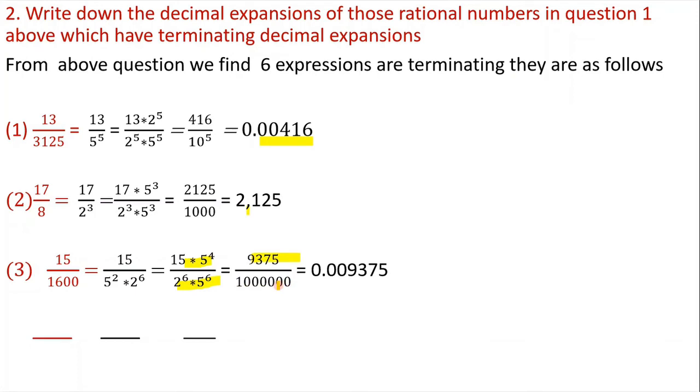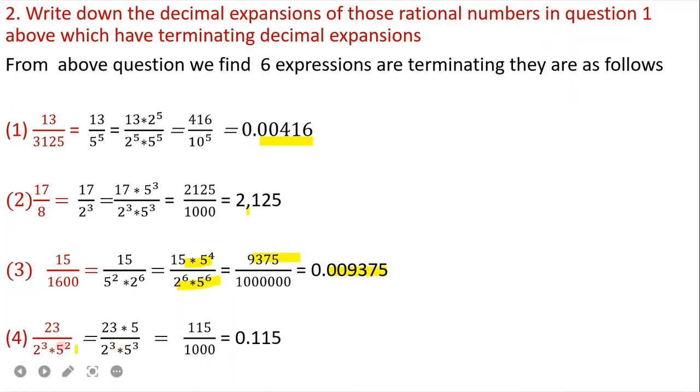So if you want to get it into decimal, we have to make 6 digits after the decimal point. So it becomes 0.009375.